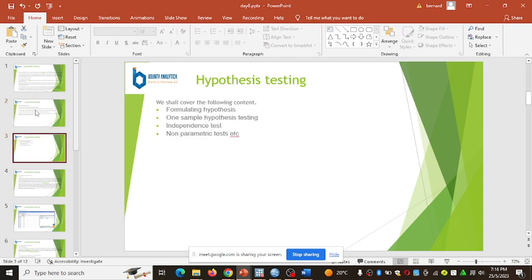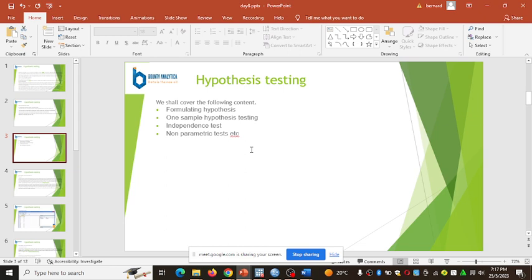So we will look at 4 things, but we did some things here on parametric methods. You remember that when we were doing a regression analysis? Yes. So we will cover the process of formulating hypotheses.